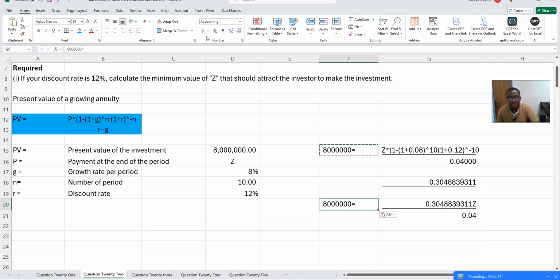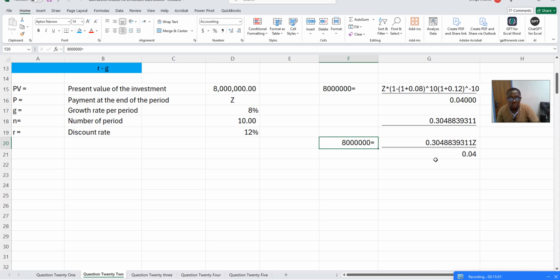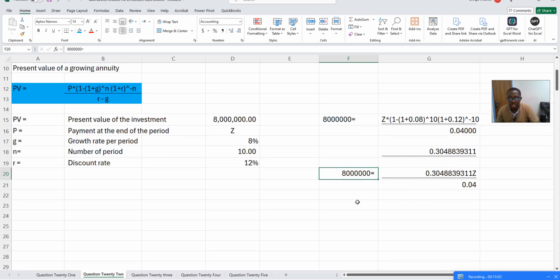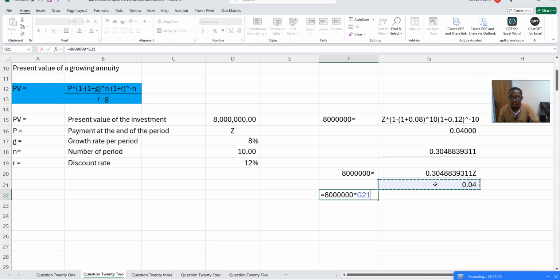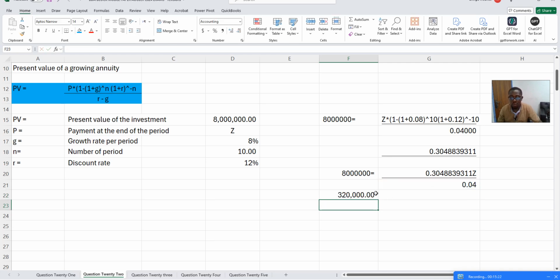So I need to determine the value of Z. What will be our Z in this question of ours here? So my Z, you can agree, it will be as if we are talking of 8 million, sorry, this is 8 million, yeah, times, of course, our value here, which I'd be having 320.